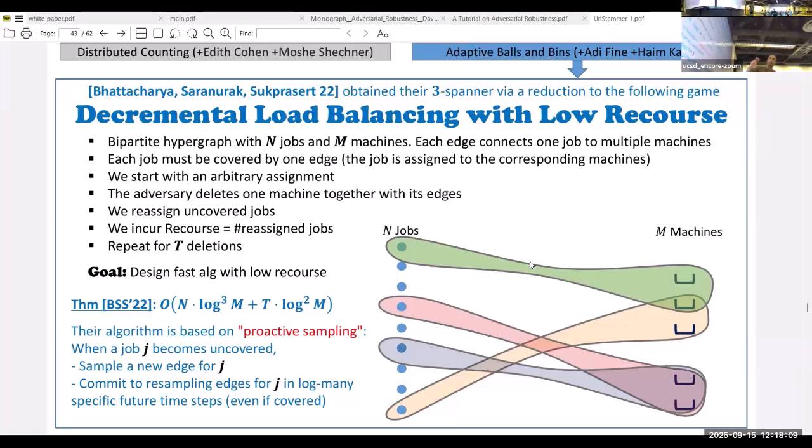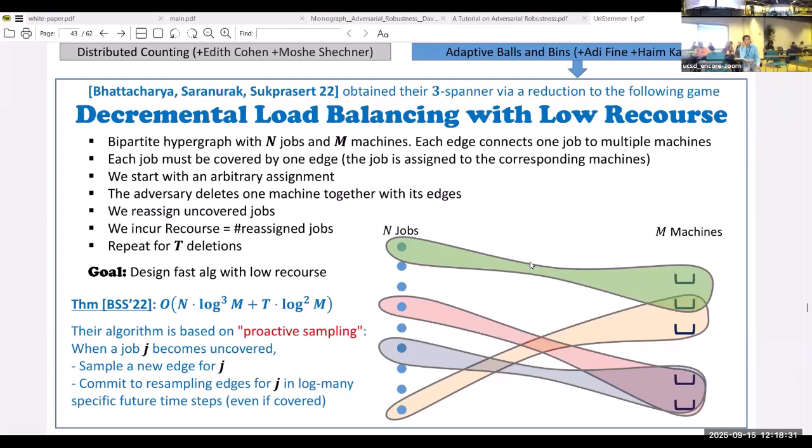But in addition, and that's the proactive sampling thing in their paper, whenever a job becomes uncovered and you sample a fresh hyperedge for it, you also commit to logarithmically many future time steps at which you will resample an edge for that job no matter what, even if it's still covered at that moment.